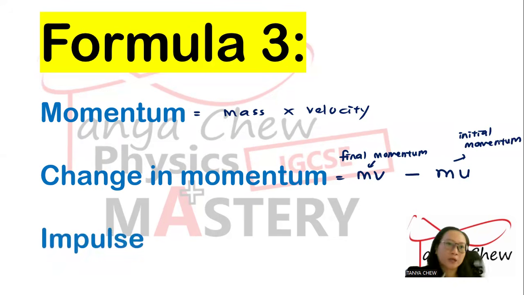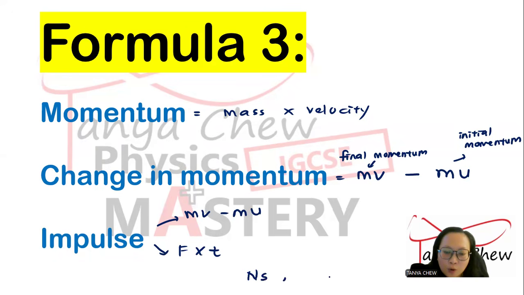And one more thing, impulse. There are two equations to calculate impulse, so it depends on the question. One is change in momentum, mv minus mu. The other one is force multiplied by time. The unit of momentum, change in momentum or impulse can be Newton second or kilogram meter per second.